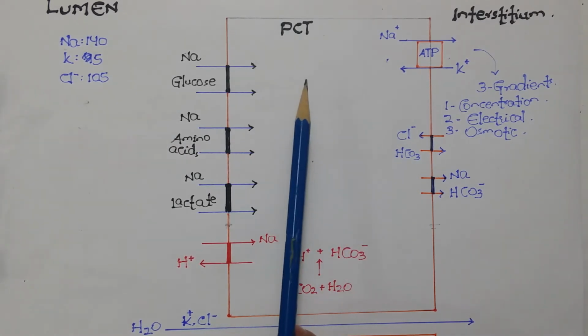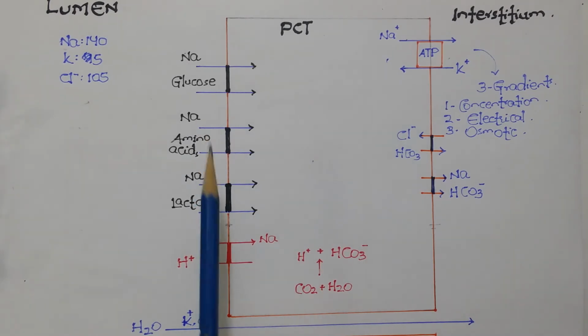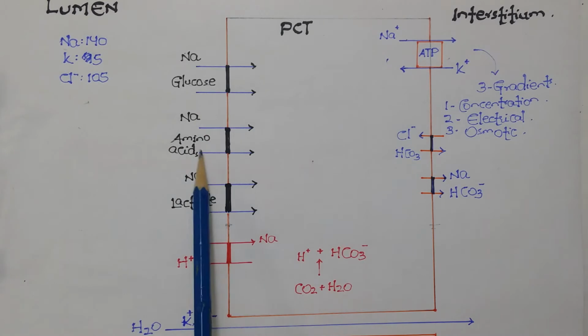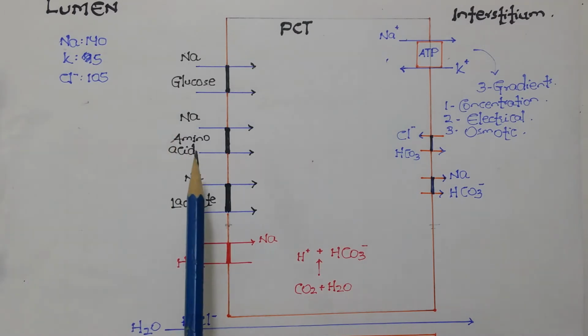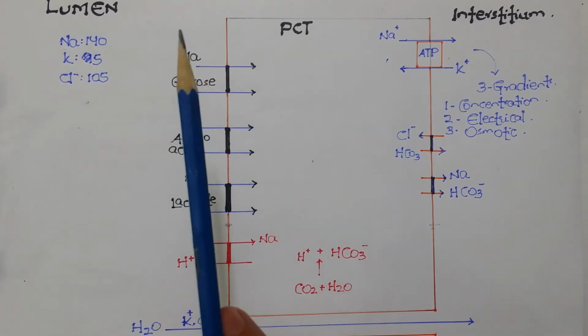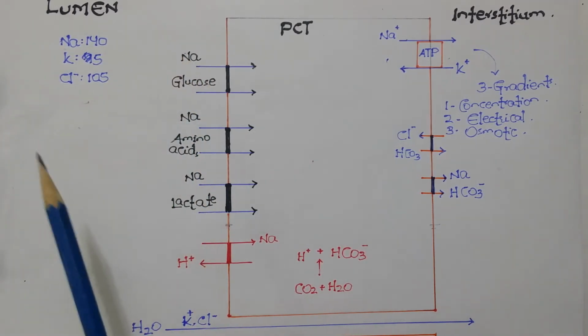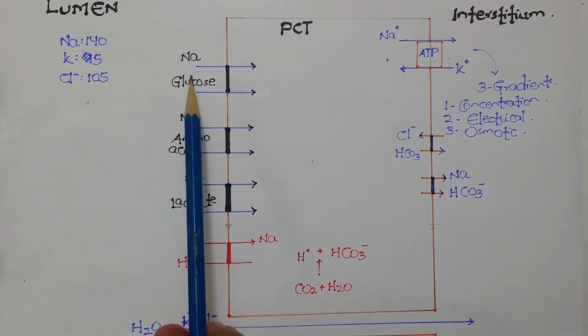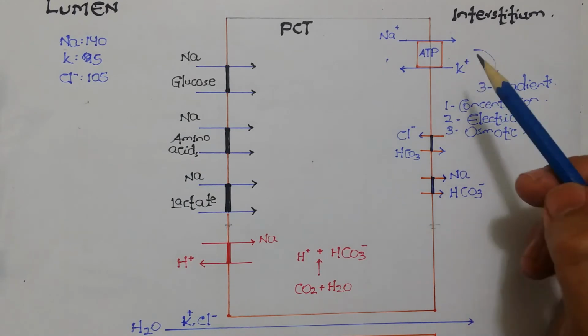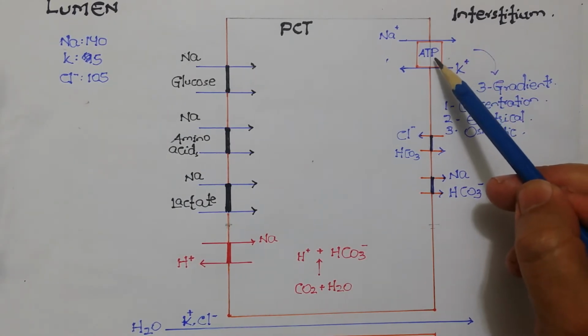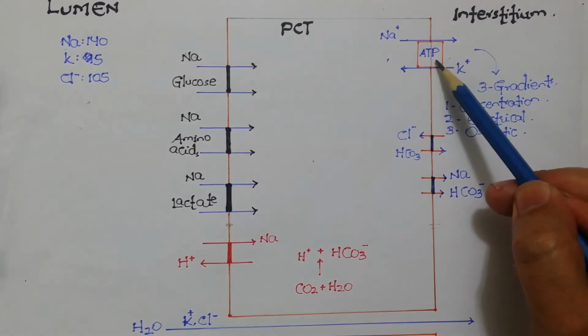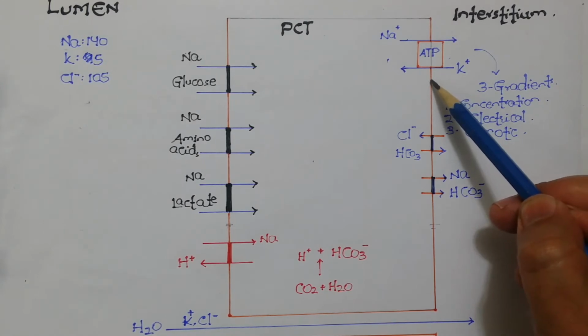Here in the proximal convoluted tubule, the reabsorption of everything else, be it glucose, amino acids, lactate, or potassium and chloride, is linked to sodium reabsorption. Sodium reabsorption is the cornerstone here. And the reabsorption of sodium itself is dependent on the activity of the sodium-potassium ATPase pump in the basolateral membrane.